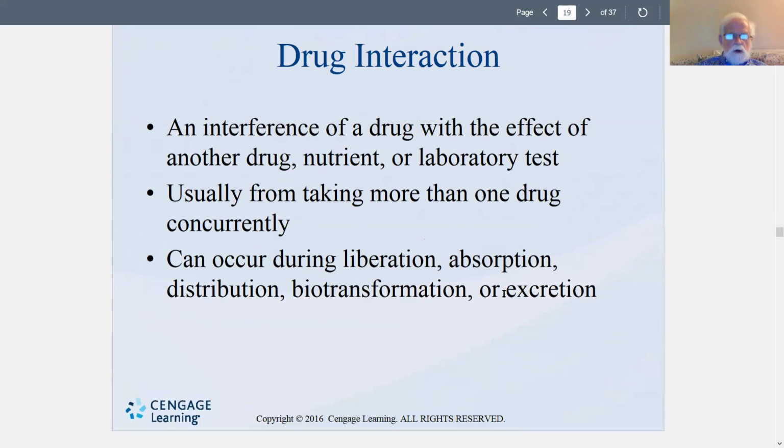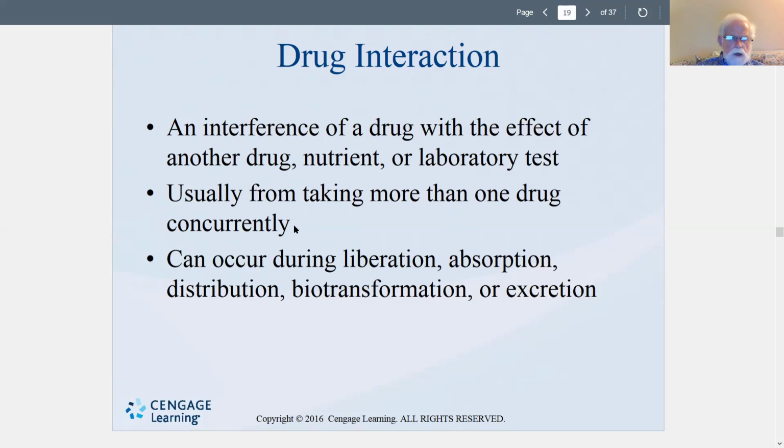Drug interactions are the interference of a drug with another drug, or a food, or possibly even some laboratory test. And I'm thinking specifically of, say, an injectable dye for a contrast MRI or CT.